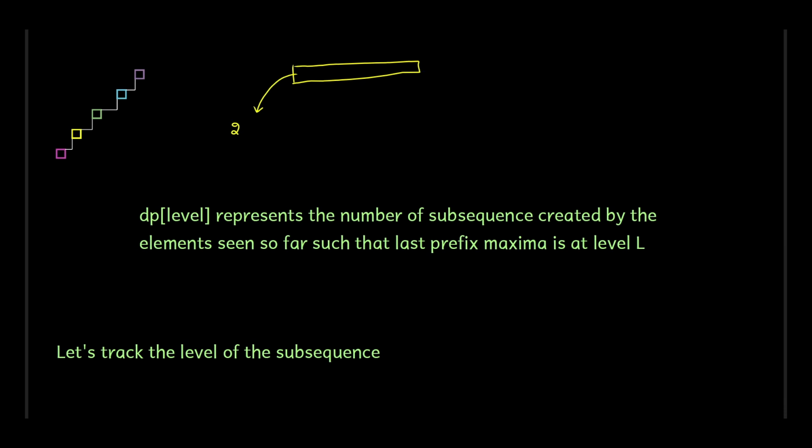One subsequence can be of length 2, one of length 3, one of length 9, etc. But all of them can be classified into some different levels. So there will be k different levels. And what are these levels? Levels you basically define as the first occurrence of the prefix maxima in the array. So these are the levels from 1 to 5.